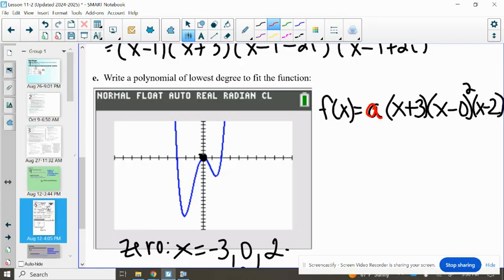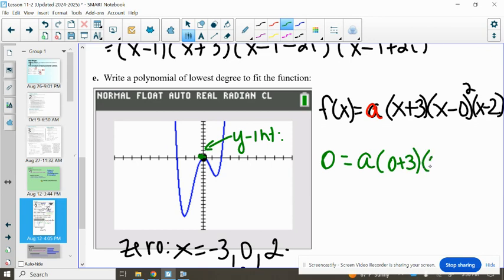So we've talked about as well, another important piece of our puzzle here is that y-intercept. In this case, we have a y-intercept at 0, 0. And so what that means is we know our y value is 0 if we plug in 0 for our x value.